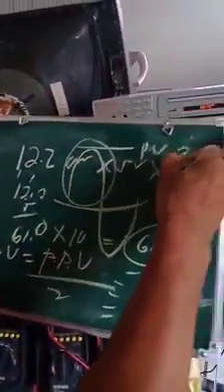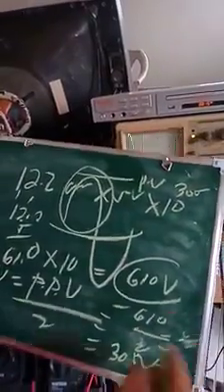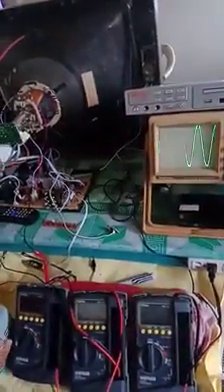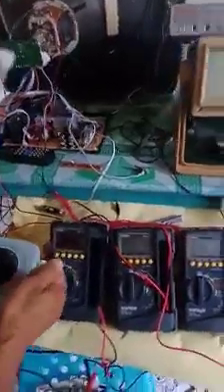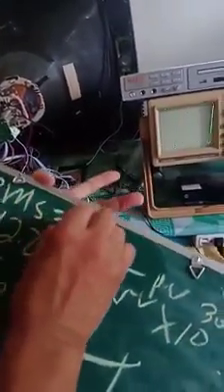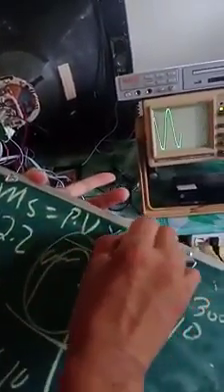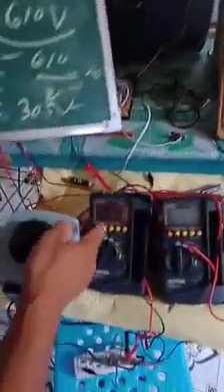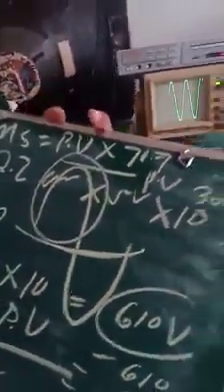Then to get the RMS, which is what is read on the AC voltmeter, the RMS is equal to the peak value times 70.7%, because the RMS value, which is the 220 volts at the outlet, is only 70.7% of the peak.